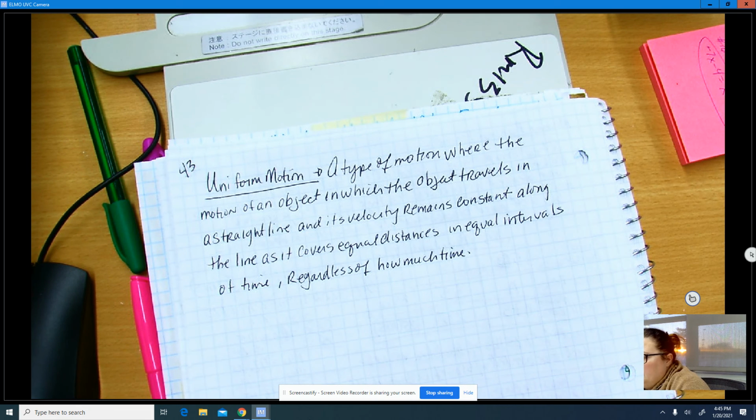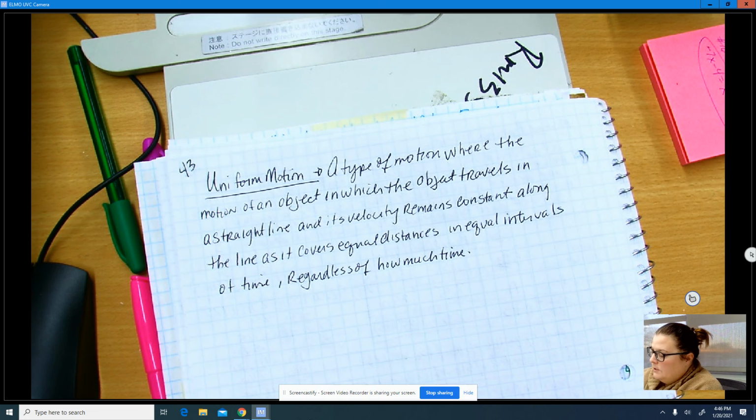So however long it took them to run the first mile, it would take them exactly that amount to run the second mile, exactly that amount to run the third mile. That is what uniform motion takes into play. Is it maybe realistic in a real world? No. So when you find the rate, you're actually, in reality, finding almost like someone's average rate or average speed at doing something. So how are we going to go about doing this?